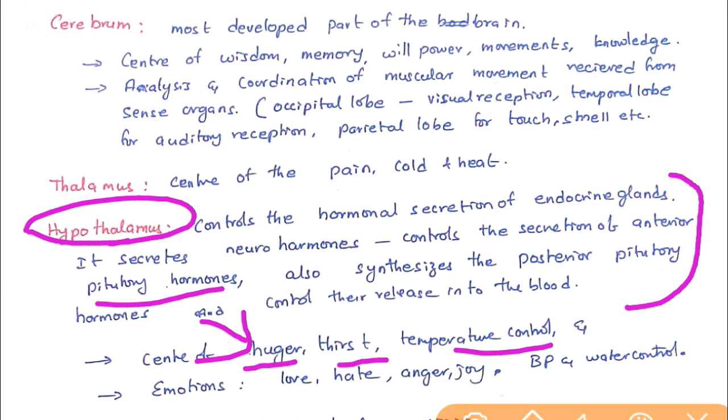We don't know that in our body, whenever there is a shortage of water level, then we will feel thirst. How do we feel thirst, or how does our brain know that our body needs water?